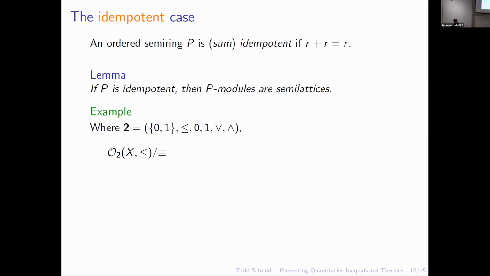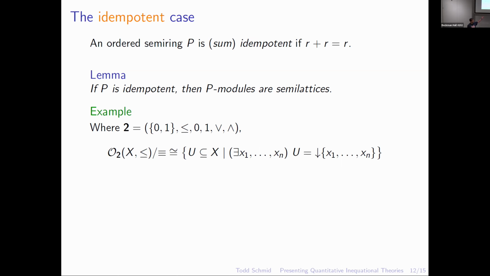And if you mod this out by the heavier higher order, maybe you could guess this, maybe you didn't. It surprised me, not for any good reason. This is actually the same thing as the set of finitely generated downwards closed sets in the partial order. You might recognize this as the free semi-lattice construction on a partial order.